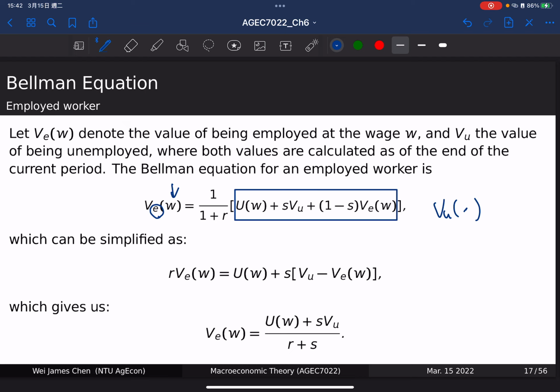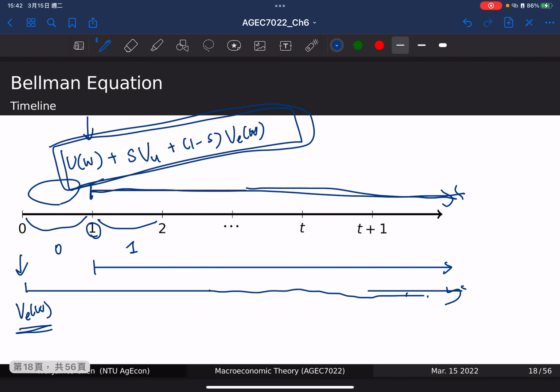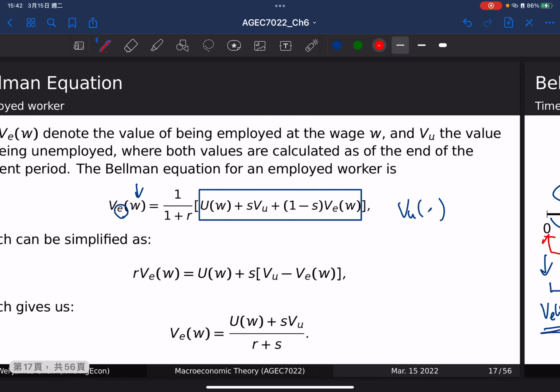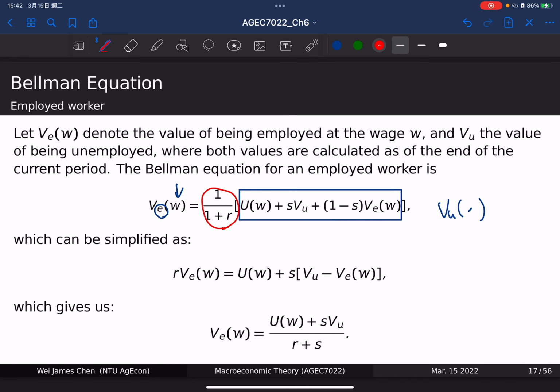If I discount 1 period back, that is, standing here, I discount back to period 0, which means I need to multiply it by 1 over 1 plus r. Then that is by definition VE of W. Right? That's the value I receive for all the periods ahead.